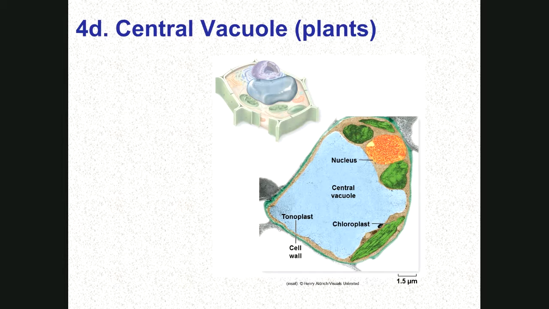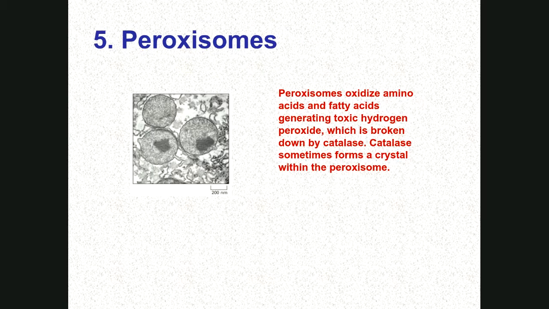Now we are going to talk about the other structures that are not part of the endomembrane system. One of them is the peroxisome. The job of the peroxisome is to generate hydrogen peroxide. And hydrogen peroxide is broken down by an enzyme, catalase.